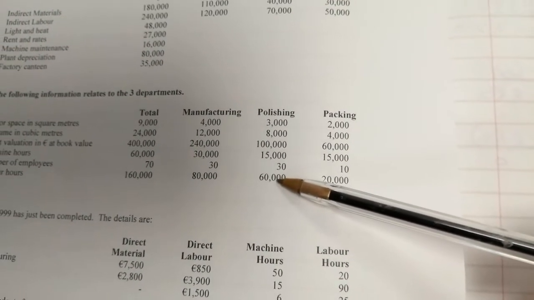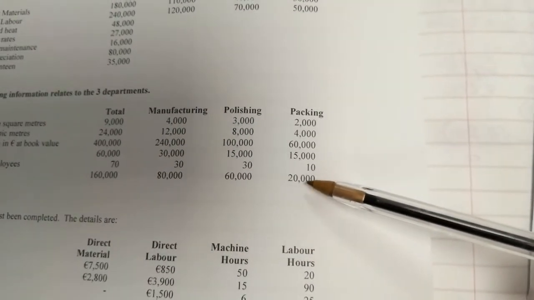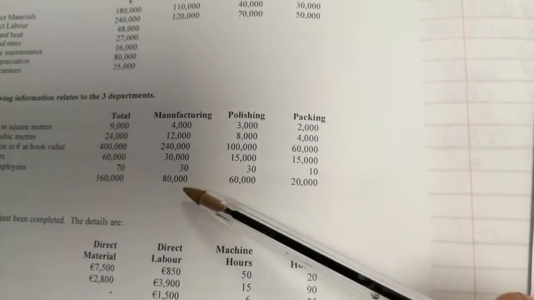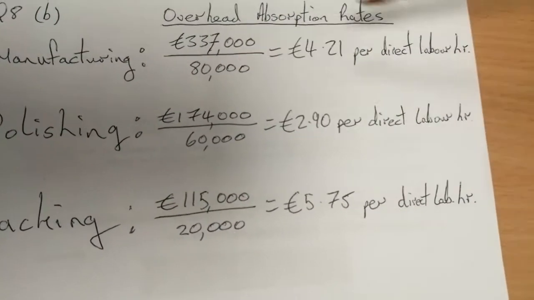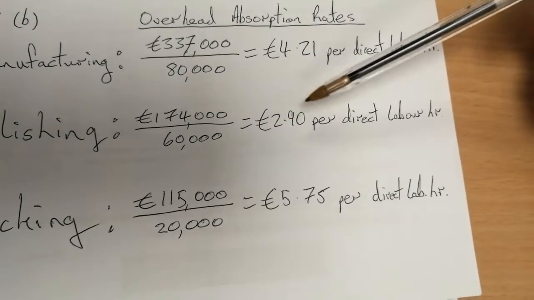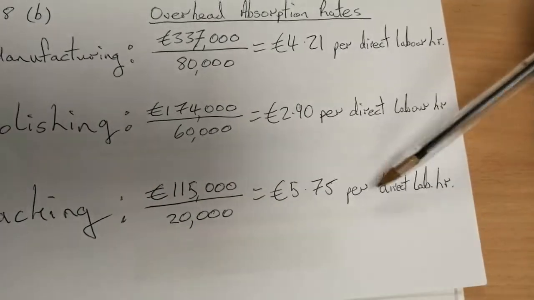In polishing, there's more labor hours than machine hours, so we'll use the labor hours. And in packing, there's more labor hours than machine hours, so we use the labor hours again. So we're going to divide the overheads by 80,000, 60,000 and 20,000 respectively. Dividing by 80,000 gave me 421 per direct labor hour. Dividing by 60,000 gives me 290 per direct labor hour, and dividing by 20,000 gives me 575 per direct labor hour.